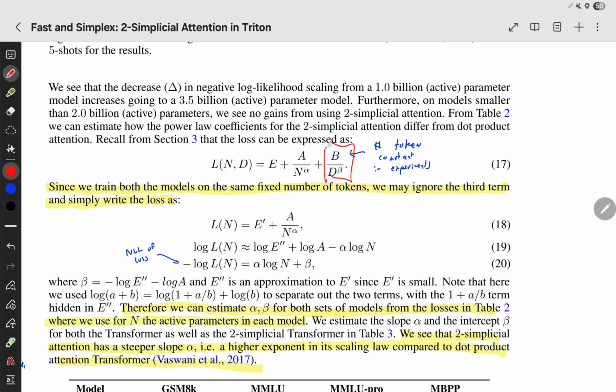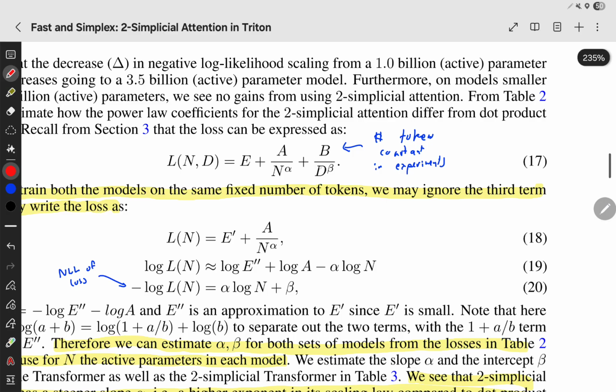And this right here is the same, but for data. As you increase your data, this value will decrease. So D right here is your data. And as these go to infinity, this will go away. So as you increase these, those will go away, and you will basically get the minimum loss you could get.